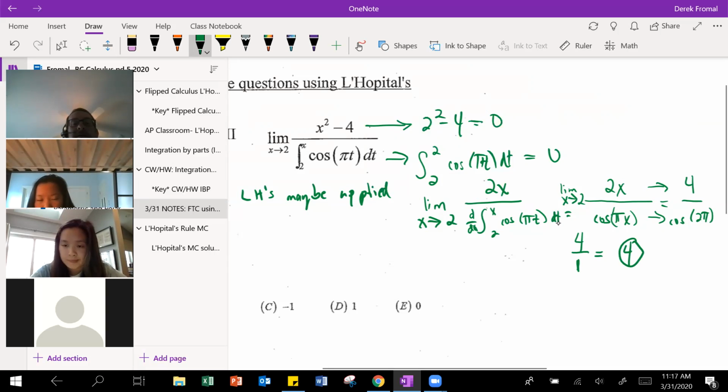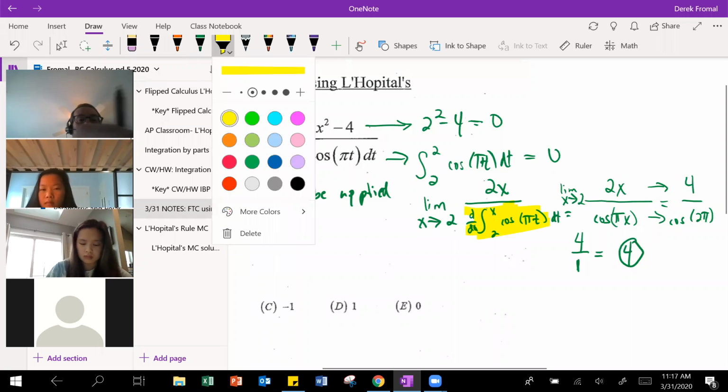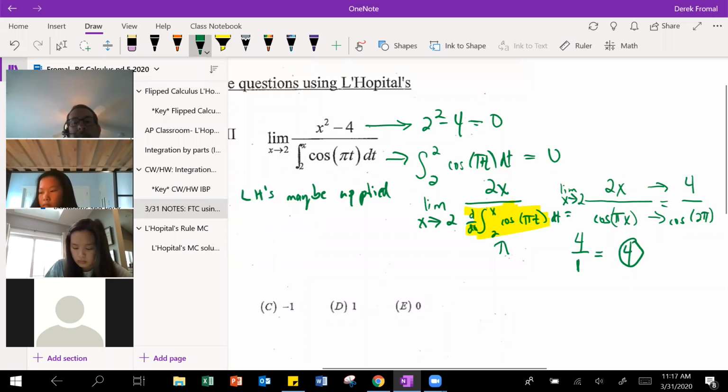So L'Hopital's is being applied because the top and the bottom are both approaching 0. When I apply L'Hopital's rule, the only new wrinkle is this part right here. Taking the derivative of the integral is the fundamental theorem of calculus, and we just have to remember how that gets applied.